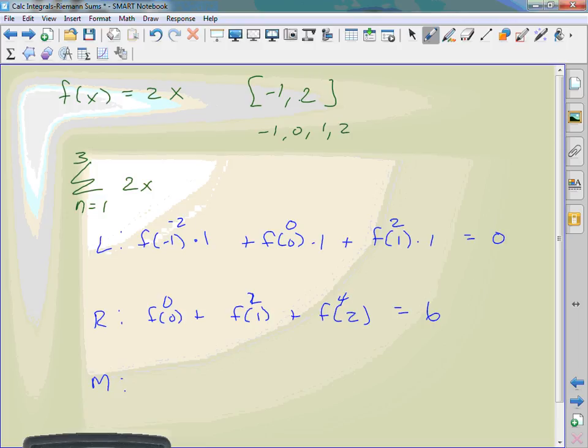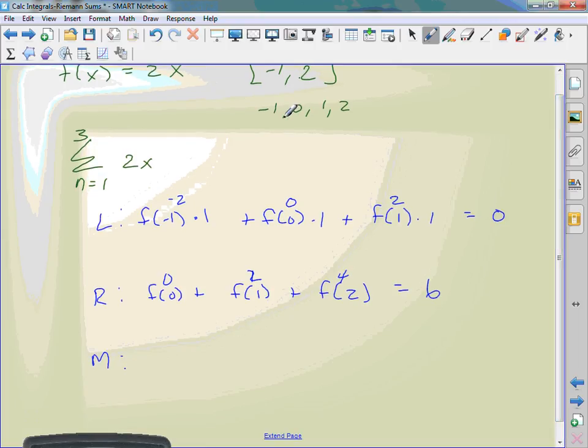Now the midpoints. The midpoint between these two is -1/2. The midpoint between these two is 1/2, and the midpoint between these two is 1/2.